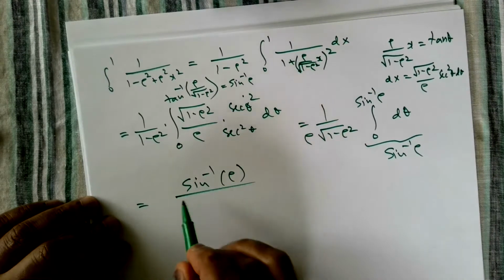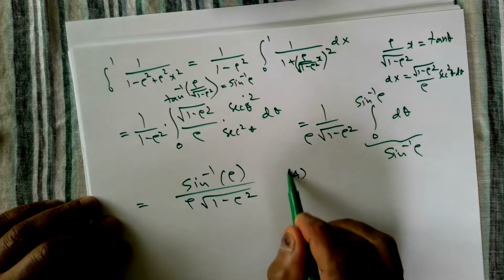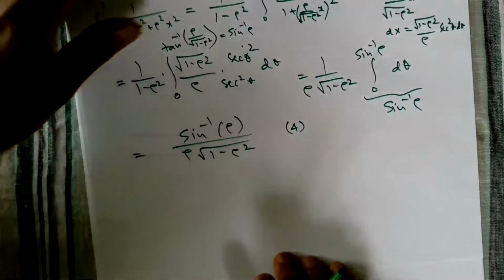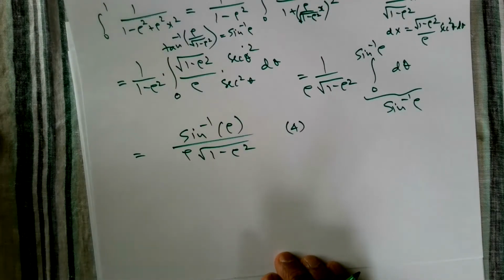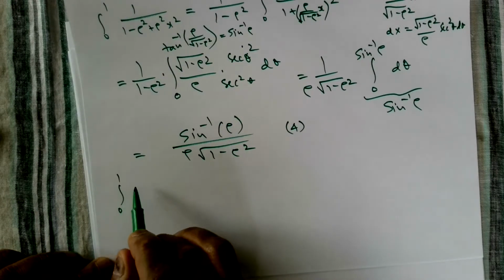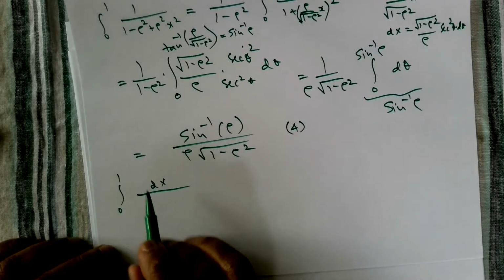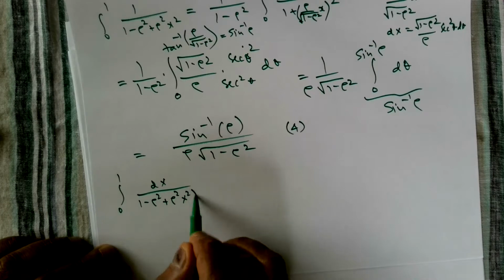So notice how complicated this whole thing is. So I'm going to call this 4. Later I'll substitute this into expression 3. And now going to the other integral, in a similar way, 0 to 1 dx over the square of this, 1 minus rho squared plus rho squared x squared, the whole square.